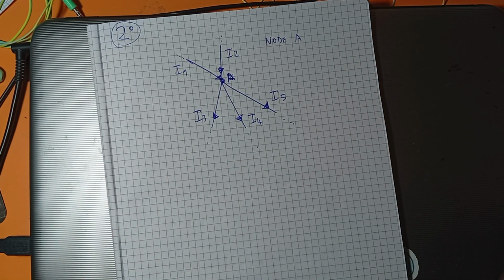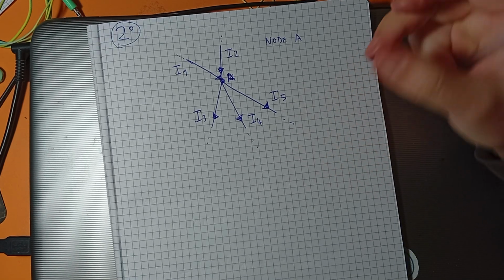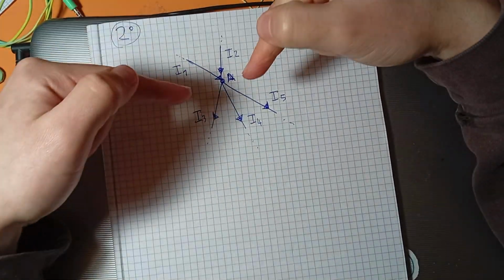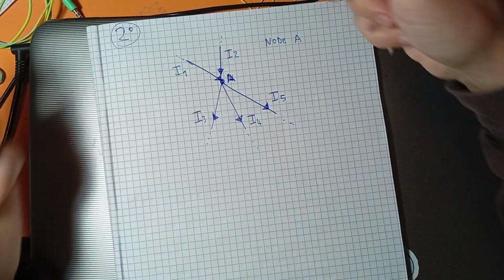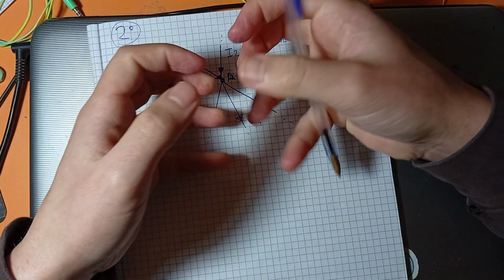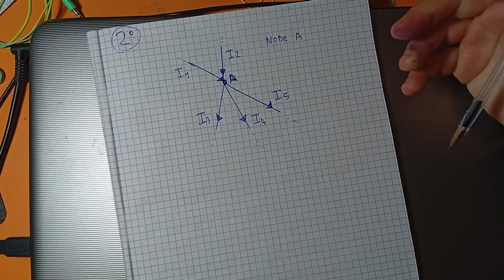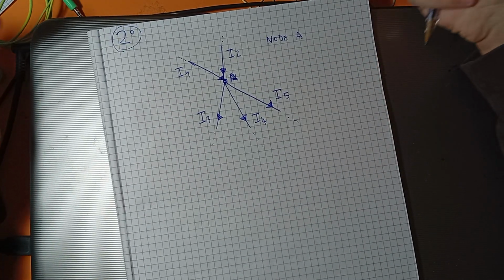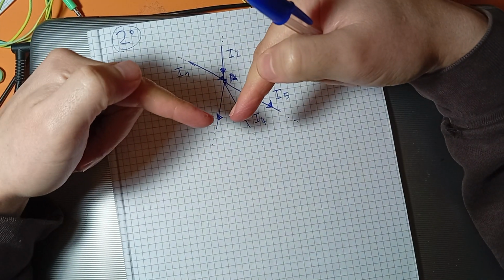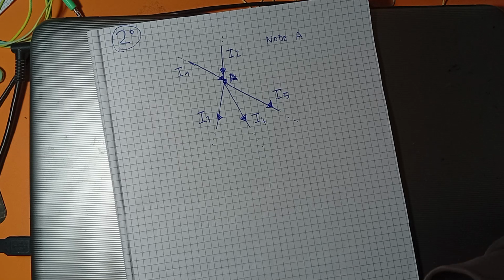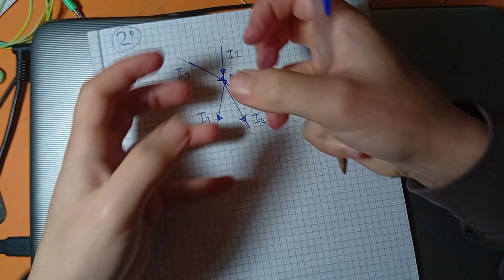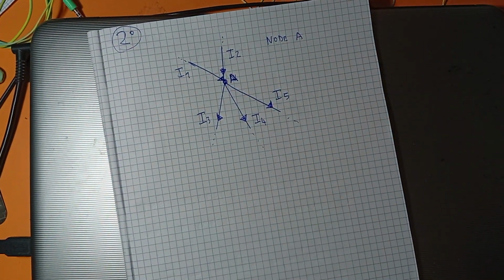The second Kirchhoff principle just says that the sum of all the currents coming into a node is equal to the sum of all the currents coming out from this same node.